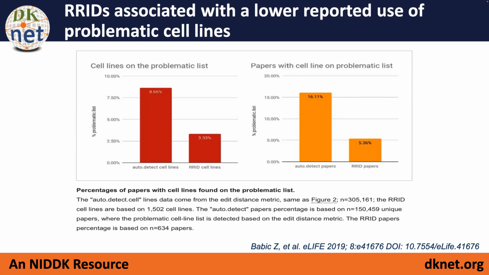And there's a great decrease in the number of problematic cell lines used in papers that have RIDs. So again, having an information resource that provides this type of information to the researcher provides a central clearinghouse of information. You have to go through this resource to get your RID, and then you're provided information about the resource, which potentially has an impact on the use of those problematic resources.